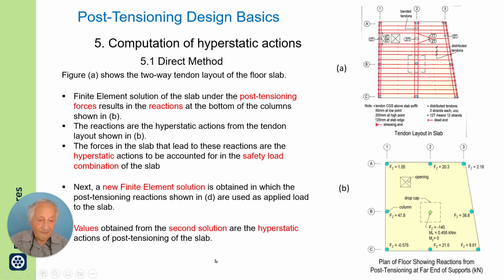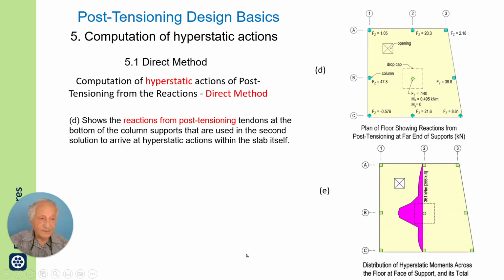Good. That is how the values are obtained using secondary solution. I have shown here from the direct method the reactions. These are the reactions, and this is the bending moment in the slab obtained from the direct method. Everything must be in self-equilibrium.